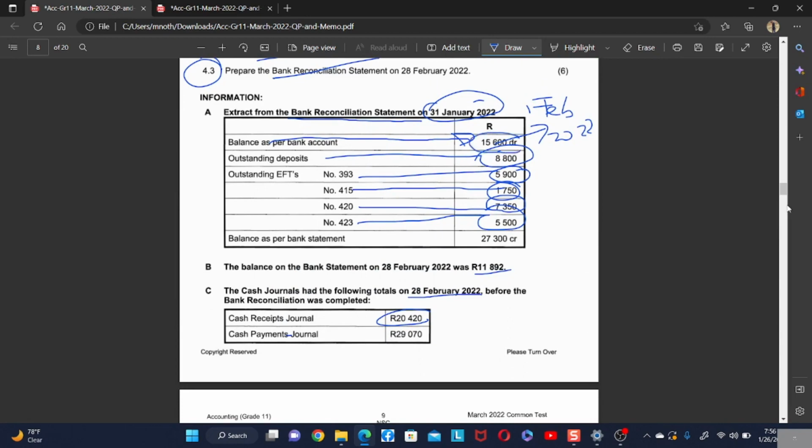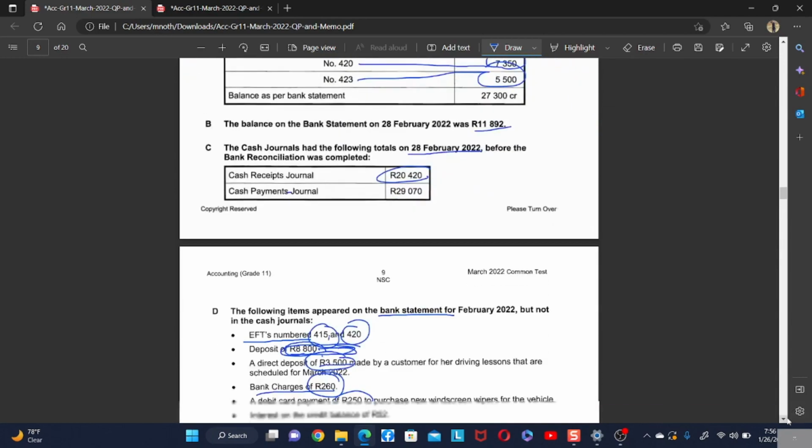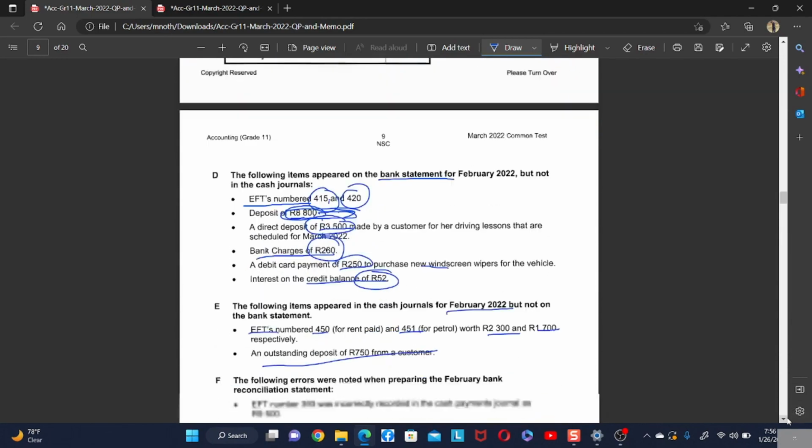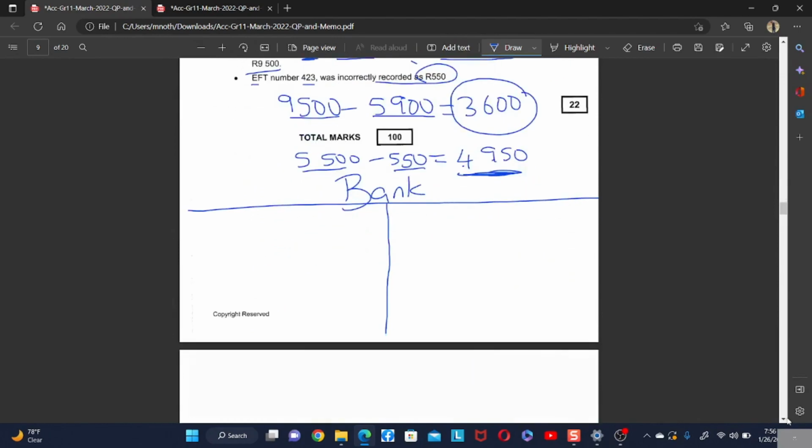Here it is given. It is 15,600 and it is debited. So on 1 February, it's a balance brought down of 15,600.